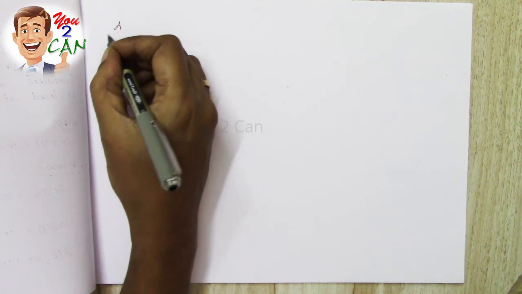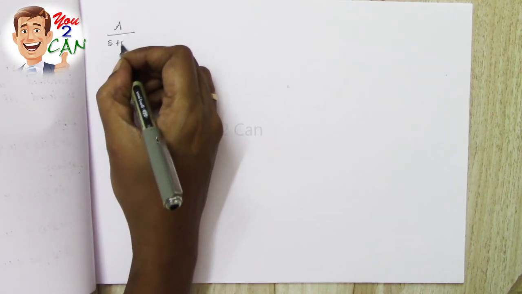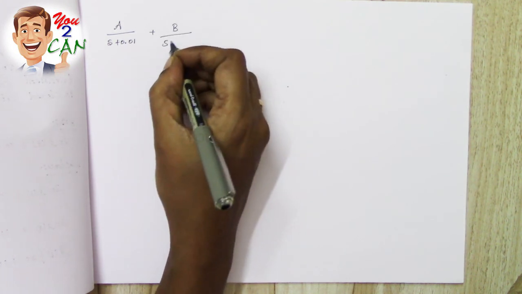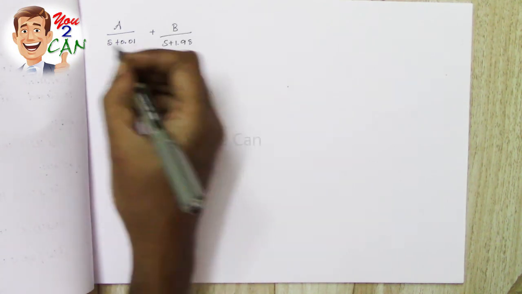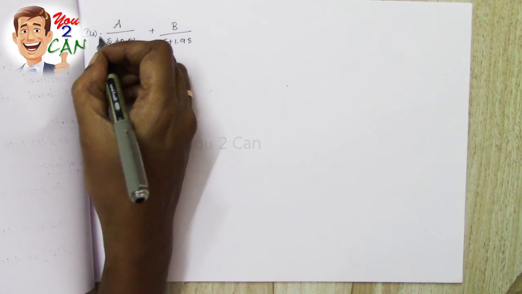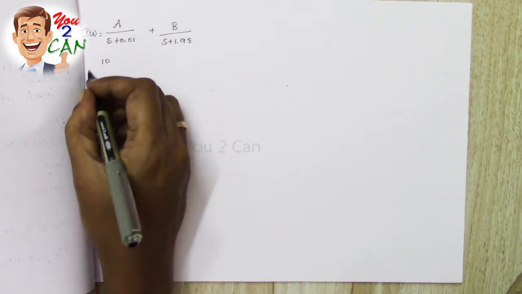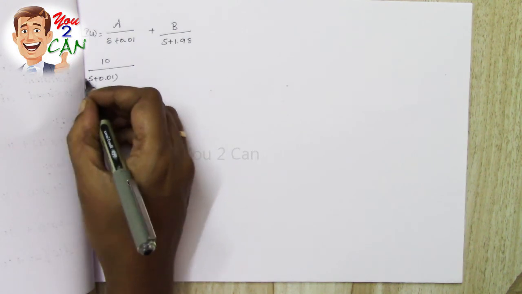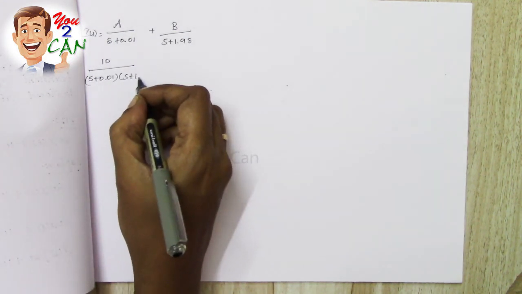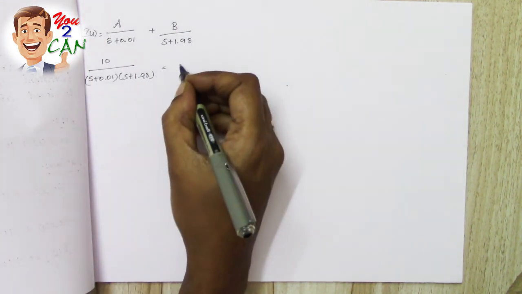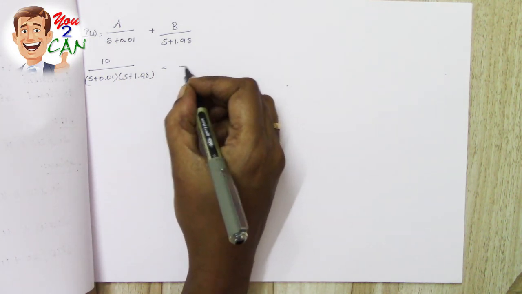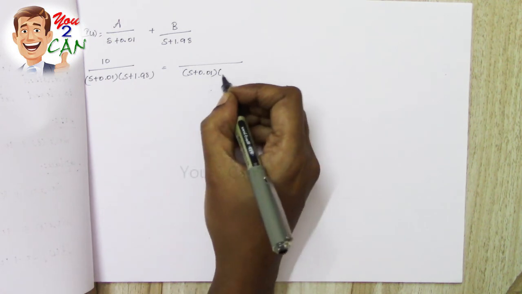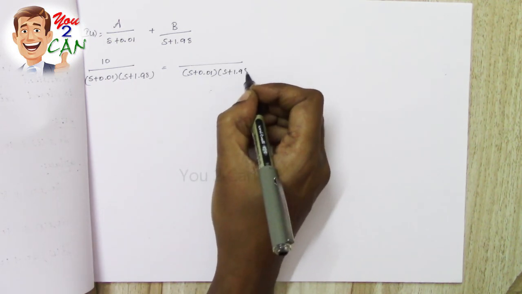So here, a by s plus 0.01 plus b by s plus 1.98. This is your I of s. So on the left side we have 10 divided by (s plus 0.01)(s plus 1.98), which will be equal to, take the LCM here, the LCM is (s plus 0.01)(s plus 1.98).